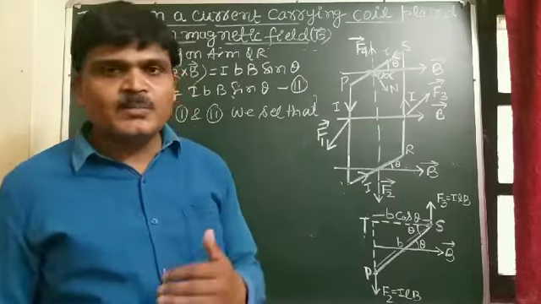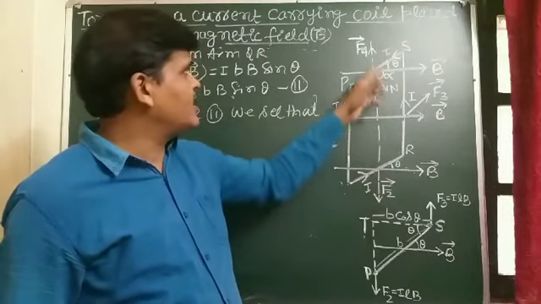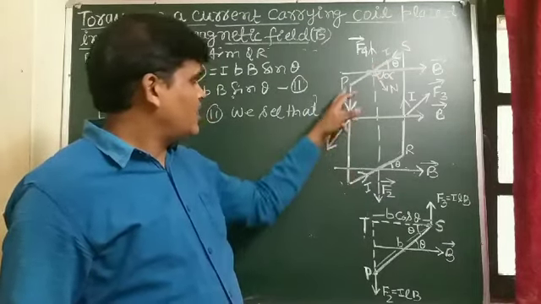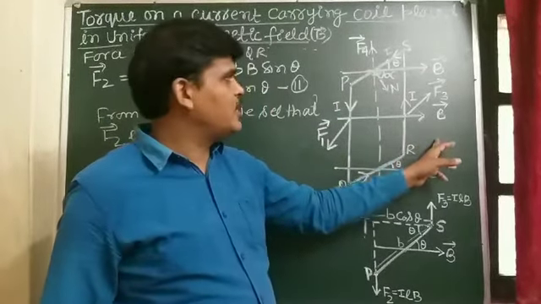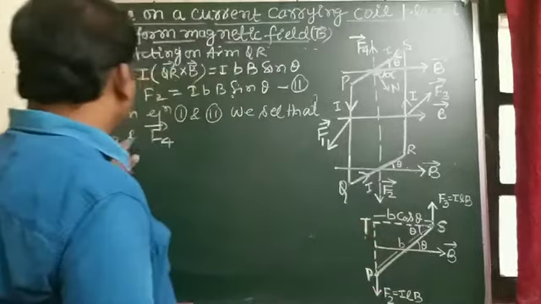So there will be no effect of force F2 and F4 on the loop PQRS, which is placed into the uniform magnetic field.